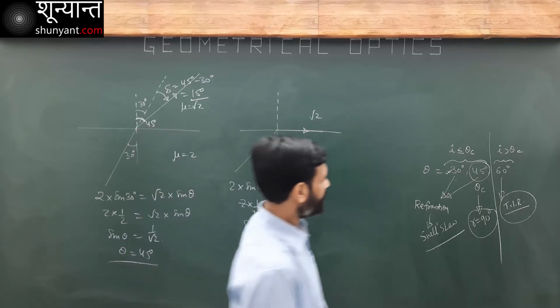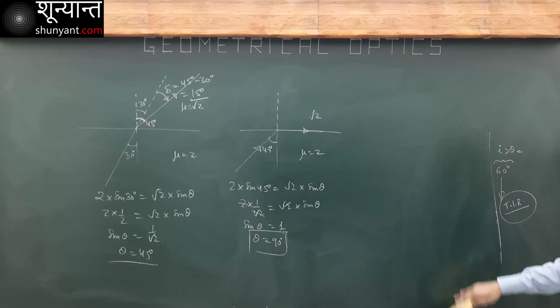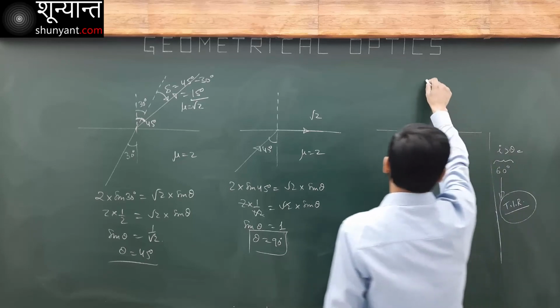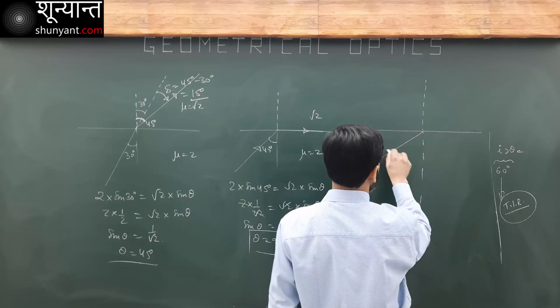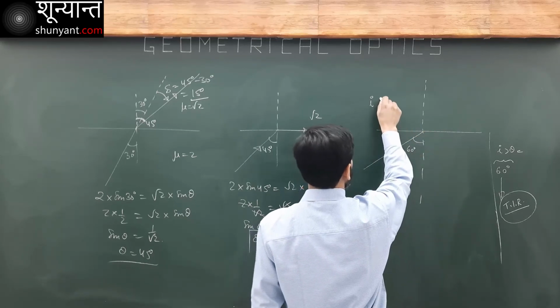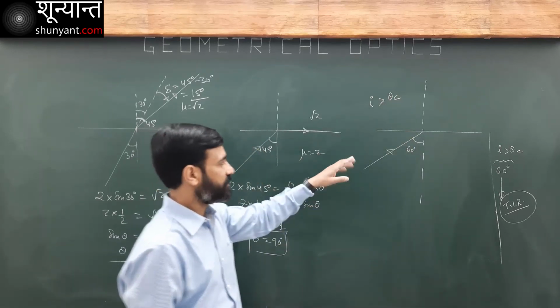Third case: the angle of incidence is 60 degrees. The angle of incidence is more than the critical angle. The critical angle is 45, and the angle of incidence is 60.